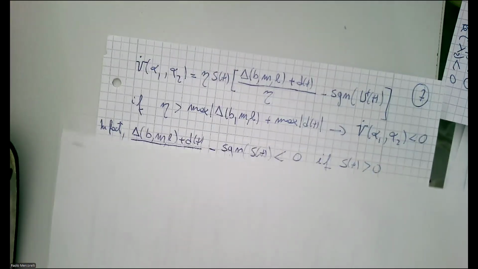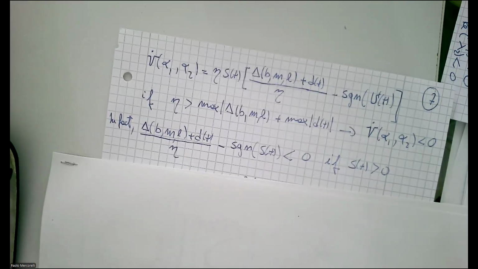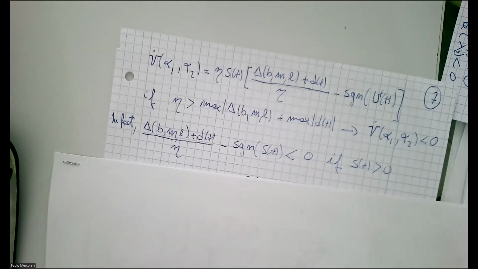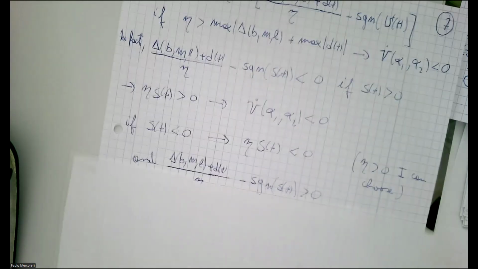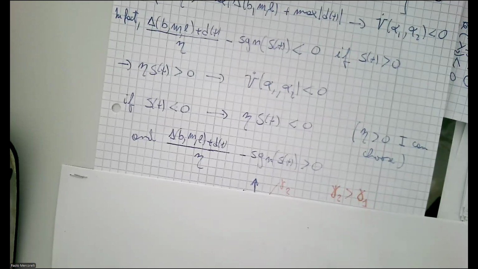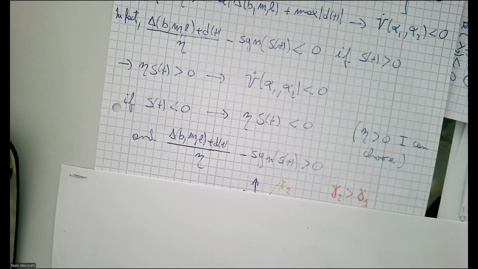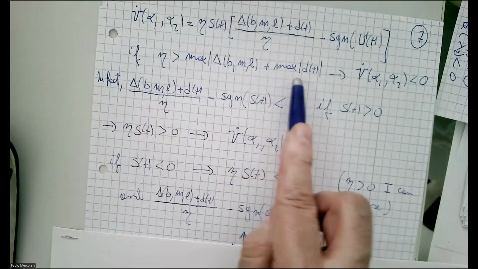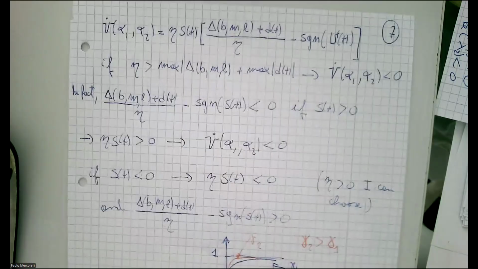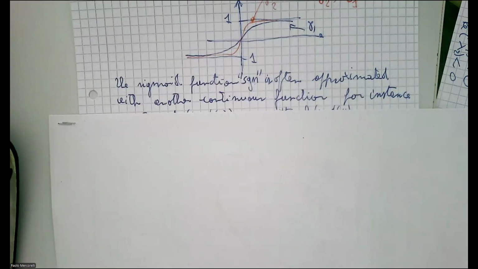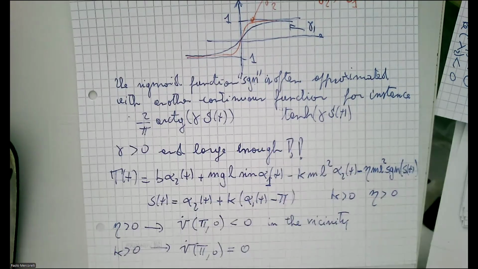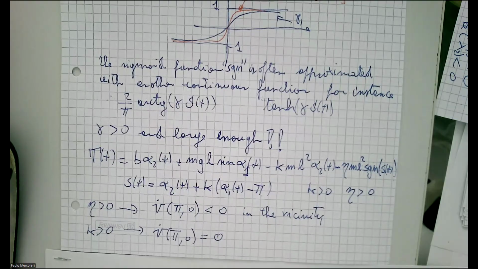And then here is the analysis of the robustness, which we can see independently of the sign of delta and D. Of course, with limited delta and limited D, we will obtain in all possible configurations that V dot is less than 0 if eta is large enough. This is the condition, and K positive. Here again, we have the concept of approximating SGN. I told you last time. This is the same, so I don't have to tell you anything about that.